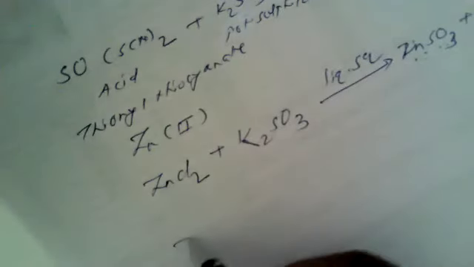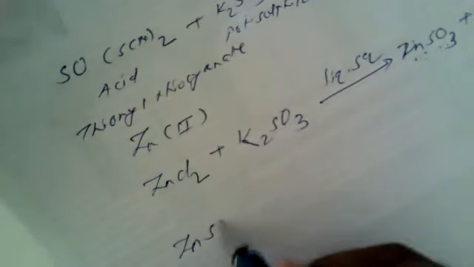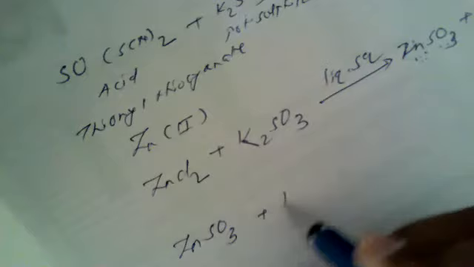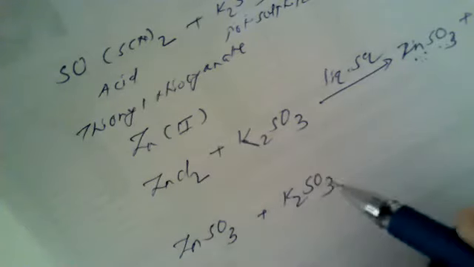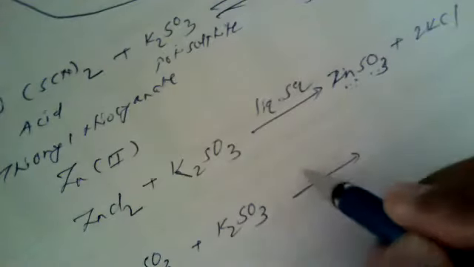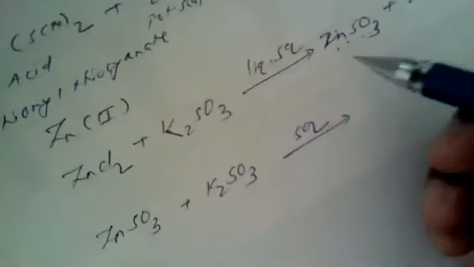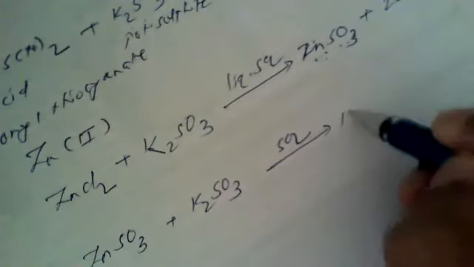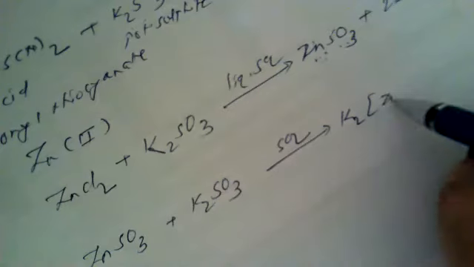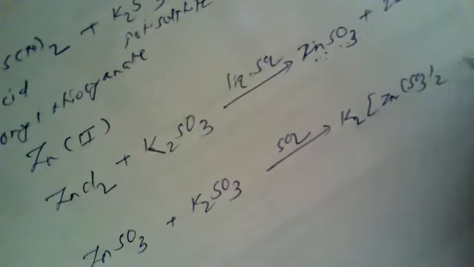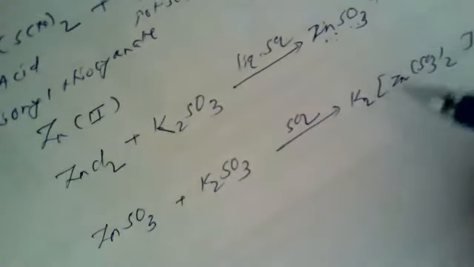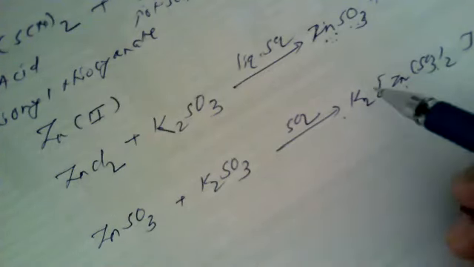So this zinc sulfite ZnSO3 in presence of potassium sulfite, in presence of a solvent such as sulfur dioxide, it can form K2 Zn(SO3)2. So this is known as a potassium salt of zinc sulfite. So this is the amphoteric type of behavior that is shown.